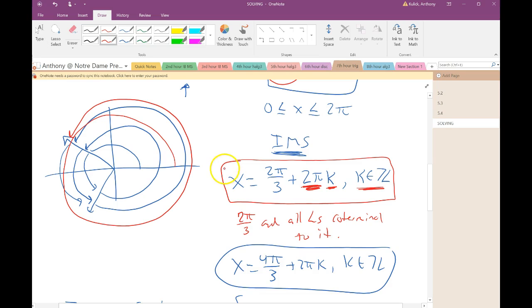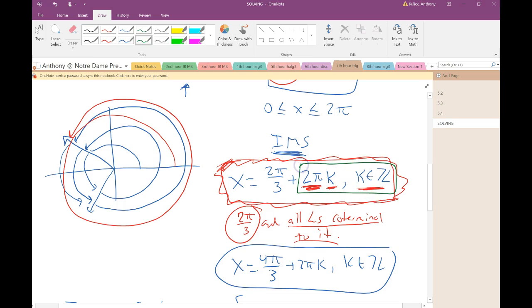So this piece right here is a notation saying that it's this answer and then all the angles coterminal to it. So all the angles coterminal to it are this. That's how we're notating that. How do we get an angle that's coterminal to 120? You're going to add or subtract a multiple of 360.